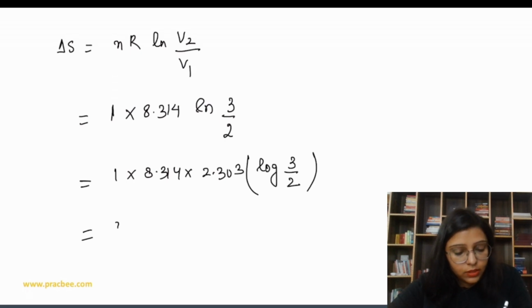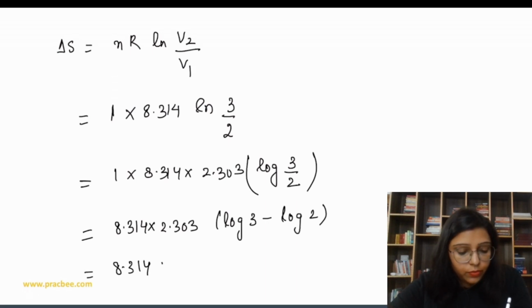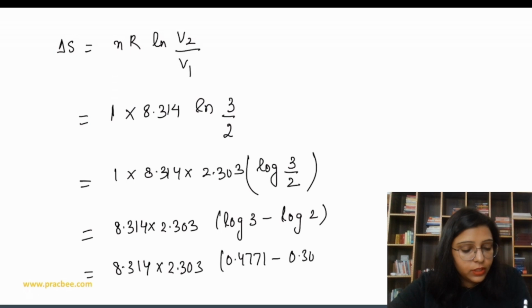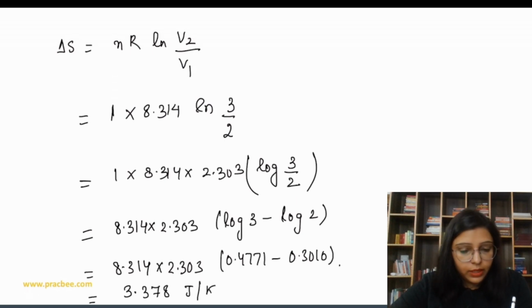How to solve this? 8.314 into 2.303, and log 3 over 2 is log 3 minus log 2. Okay. So 8.314 into 2.303, log 3 is 0.4771 and log 2 is 0.3010. So now you have to solve on your own. It's just a calculation, and when you solve it, you get 3.378 joule per Kelvin, right?